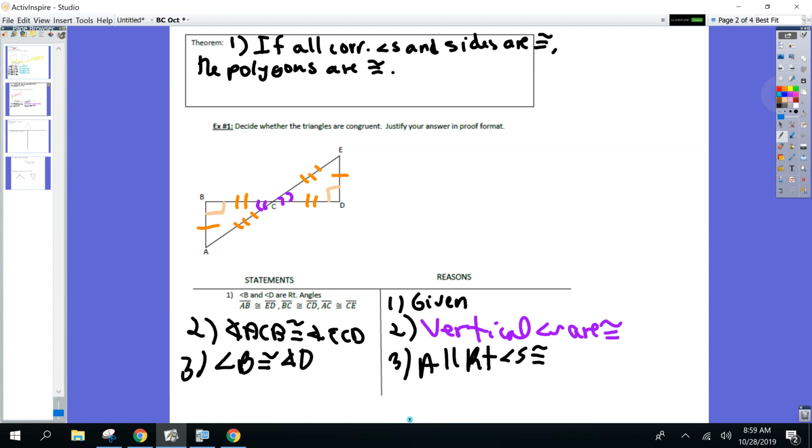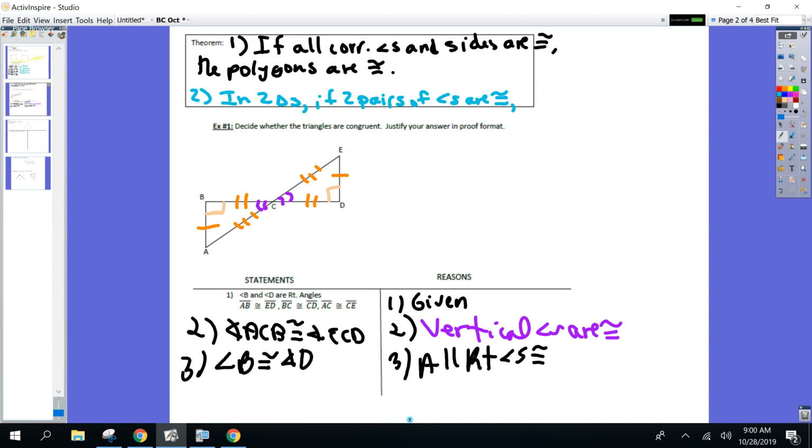Okay, so flip it, go back to your theorems. This is the 2nd theorem and final one of the day. In 2 triangles, if 2 pairs of angles are congruent, what can you tell me?